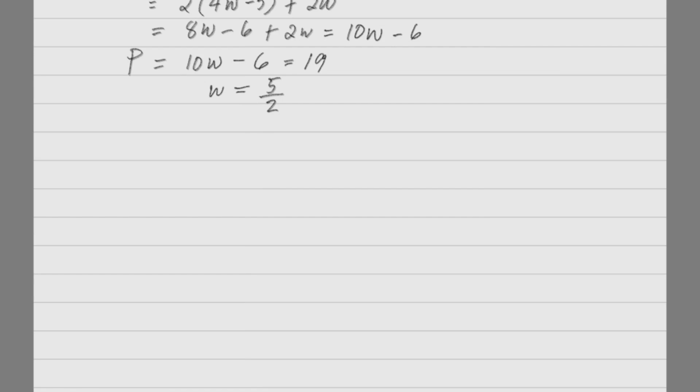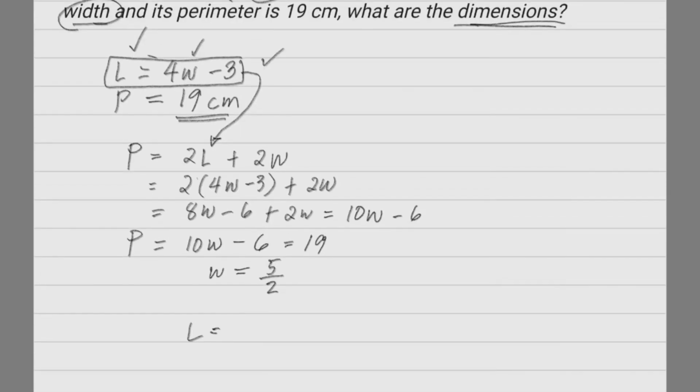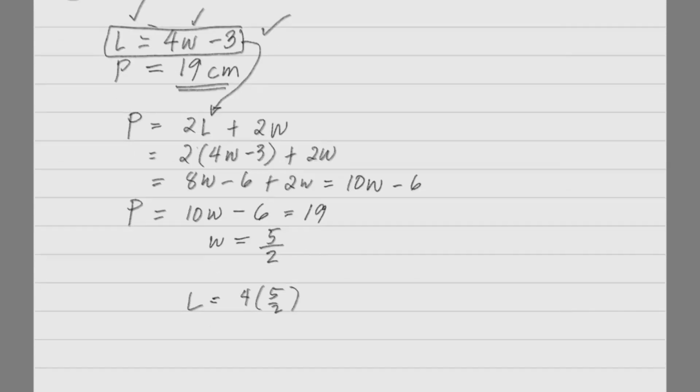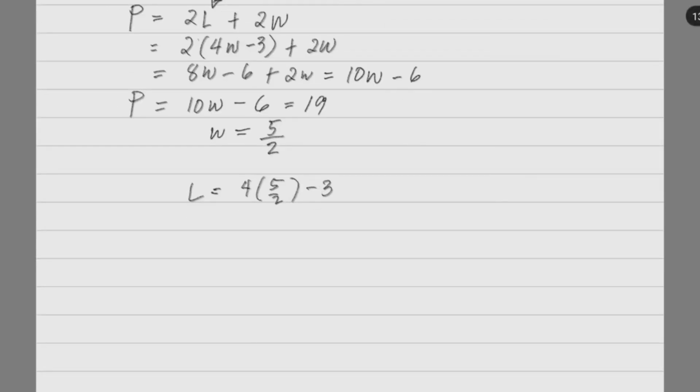So, we have W. We just have to find L now. Since we have the equation for L, assuming that we are correct to set up this equation, L will be 4 times 5/2 minus 3, and that will give us a length of 7.